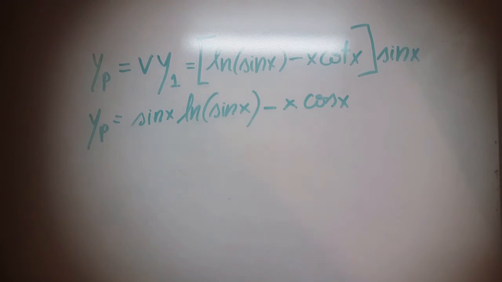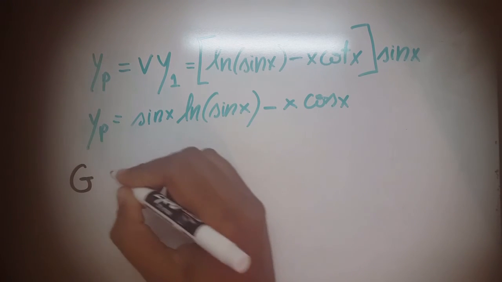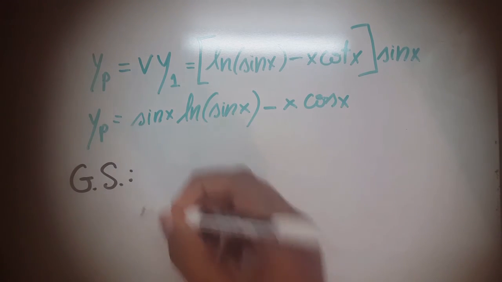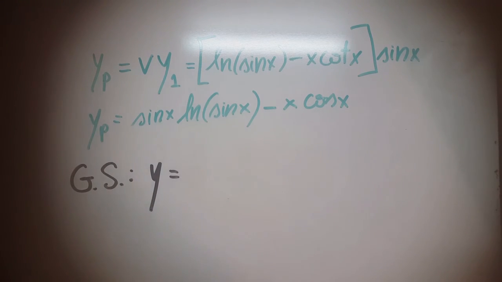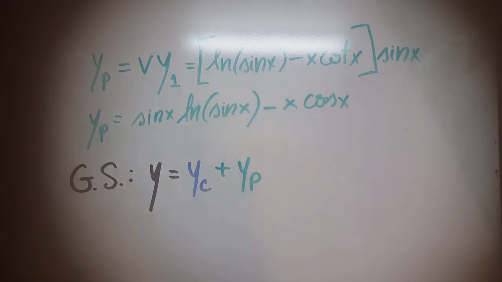And now we can find our general solution. Let's call that gs, and we'll find it is our y sub c plus our y sub p. Let's erase it very quickly.